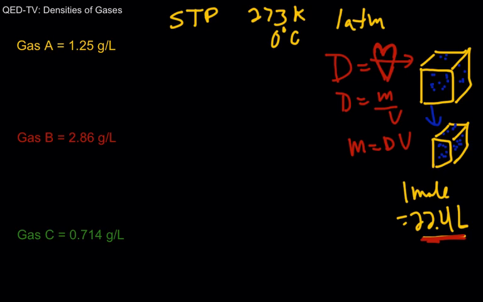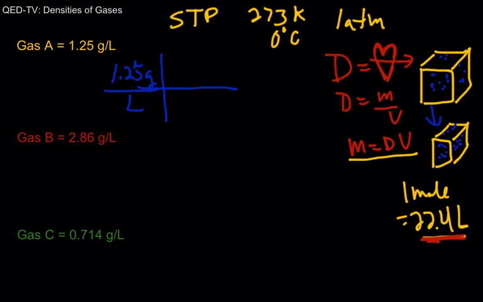So let's go back here and let's figure out the molar masses. And the way we can do that is take the density times the molar volume. So each of these, I'm going to take 1.25. And if I want to show it dimensional analysis wise, I can still put my units, grams per liter. And then that's my density.